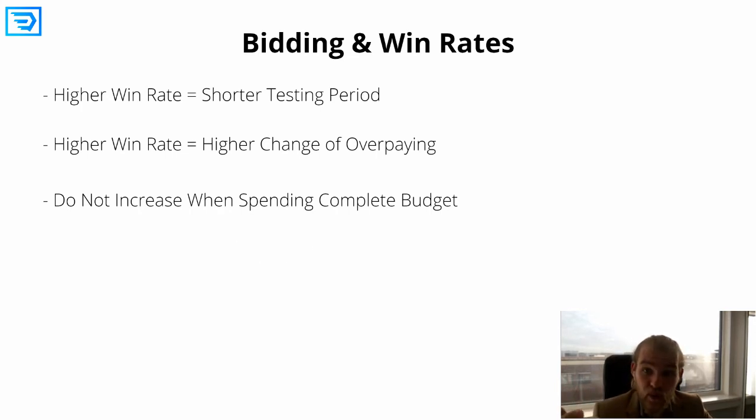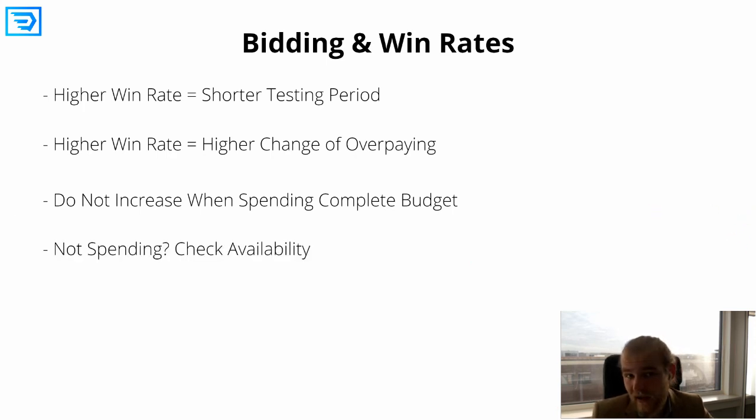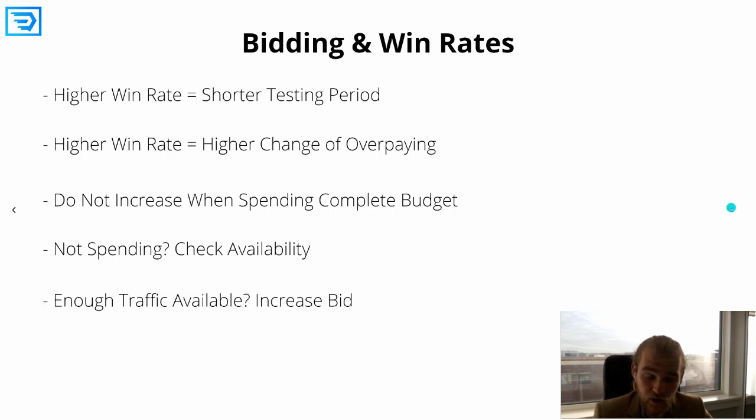If there is no traffic available, then you know there is no need for you to increase the bid because it won't do anything. If there's no traffic, there is no traffic. So check your win rates and check the availability of traffic on your widget. And if enough traffic is available, increase the bid, right?